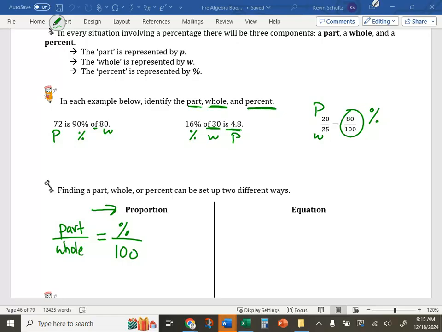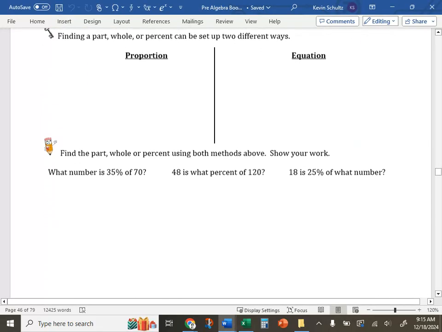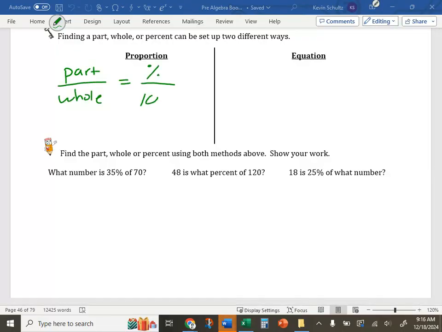The part over the whole equals the percentage over 100. Do we have these top notes up here? Can I scoot this up, or are we still jotting down up here? Are we all good? Okay. I'm going to rewrite that proportion here. So part over the whole equals the percentage over 100.